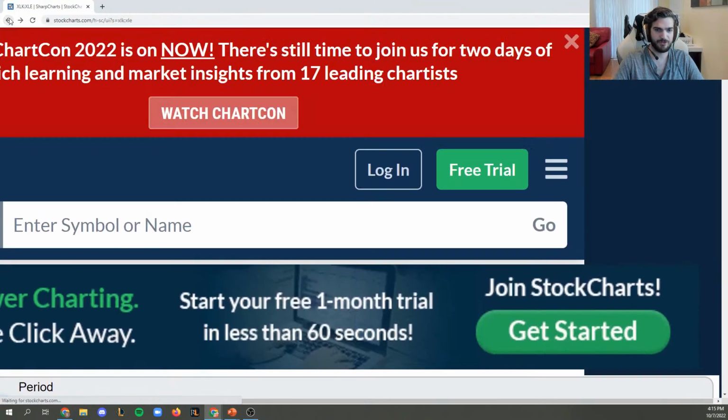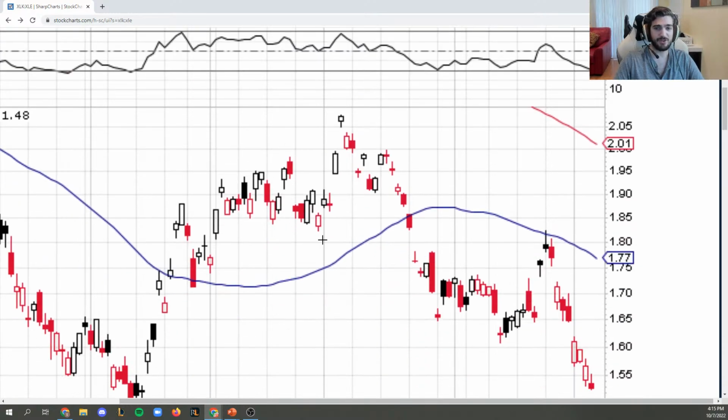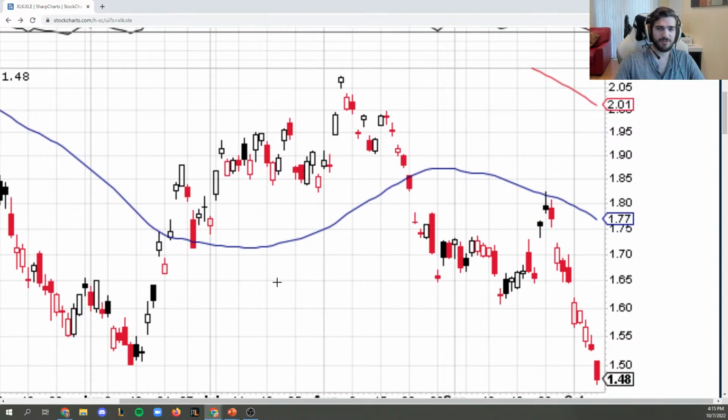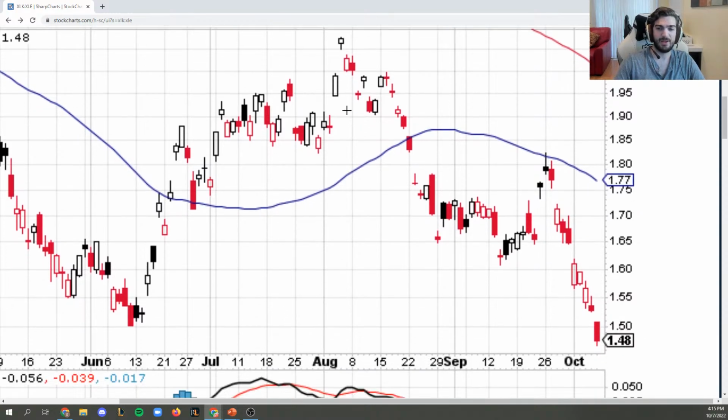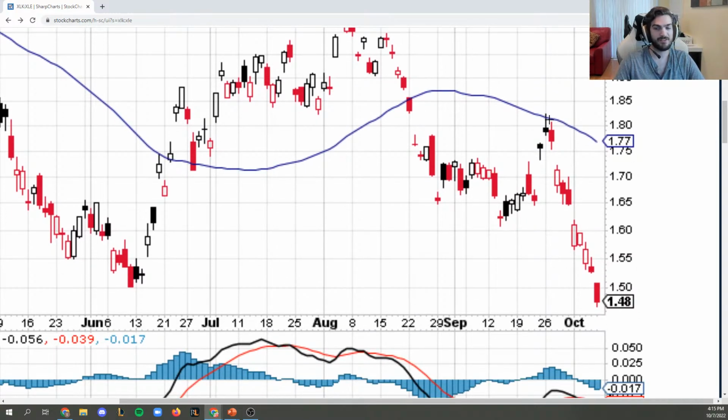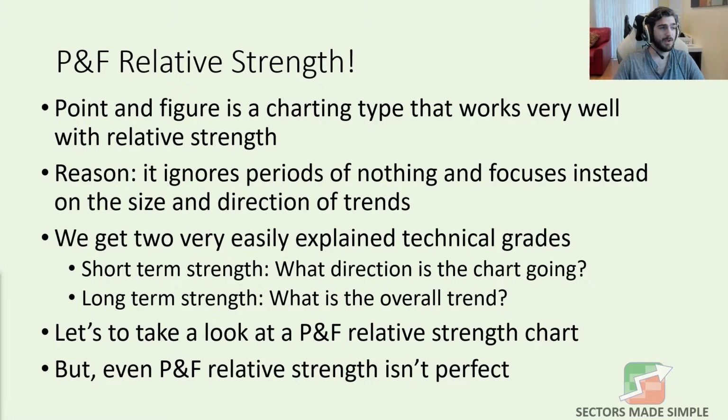If we go back to this chart, it lets us ignore things like July, where there was a whole bunch of barking, but nothing actually happened. Instead, we get to focus on times when a lot did happen, like August or late September and October. Point and figure gets rid of the stuff that we don't care about, which is no movement, and lets us focus instead on times when things do change.